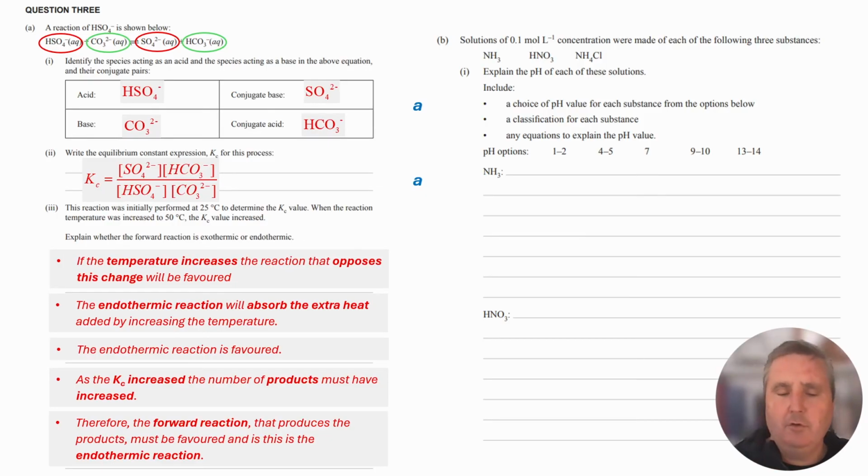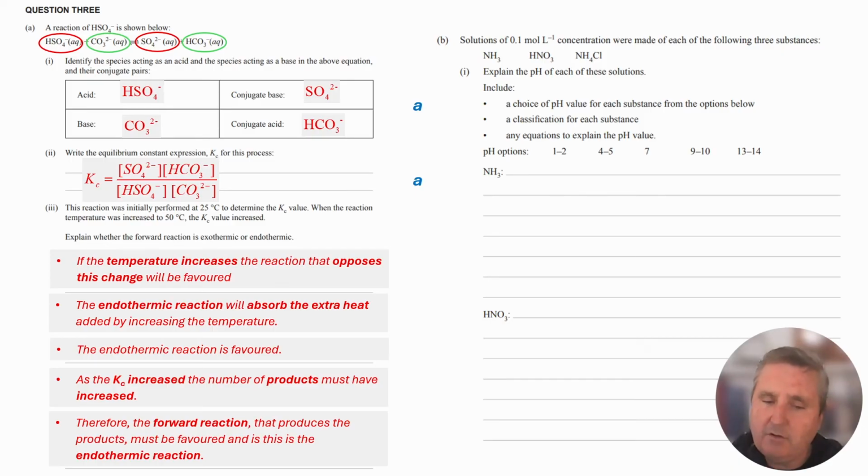So we've got two different bits of information we had to pull apart here. The first one was that the Kc got larger. The Kc got larger because we produced more products compared to reactants, right? So the forwards reaction was favored. We also knew here that the temperature was increased, and remember what we knew is that to oppose this change, the endothermic direction must have been happening.